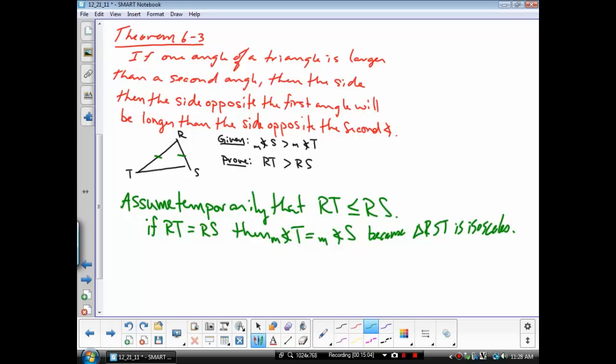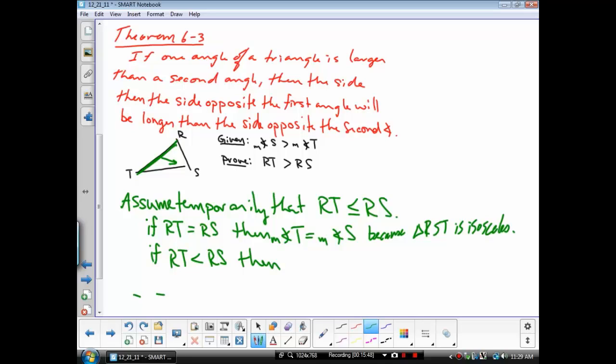Now the second piece. If RT is less than RS, because we're assuming less than or equal to. Instead of them being equal now, we have actually that RT is the shorter side. So what does Theorem 6.2 say if this is the shorter side about that angle?